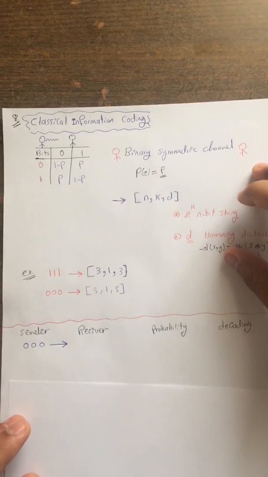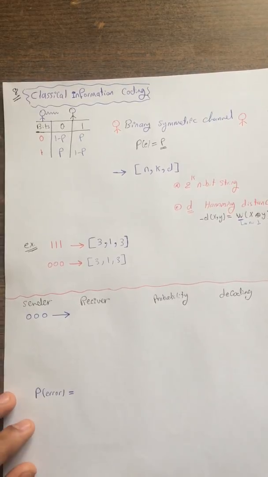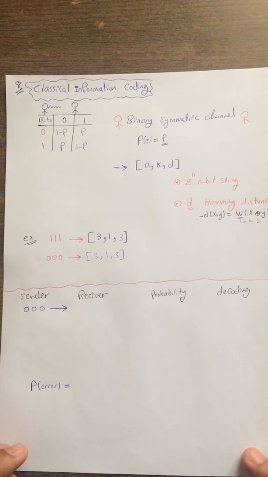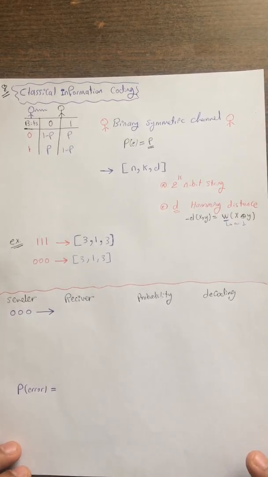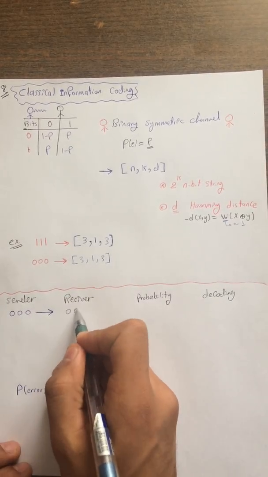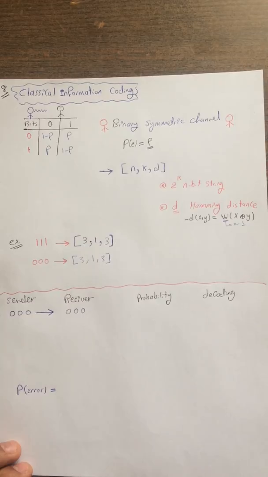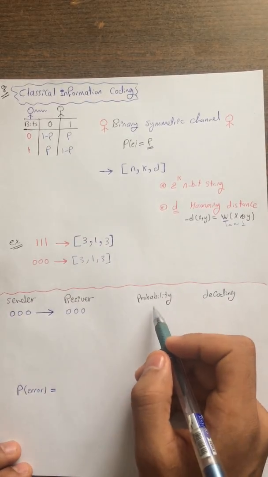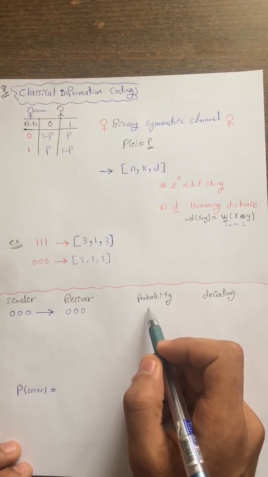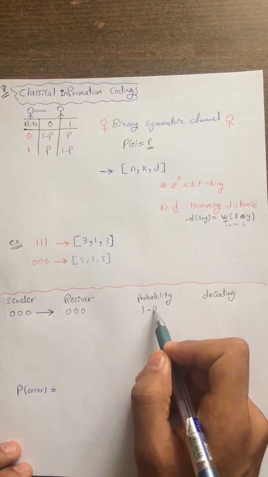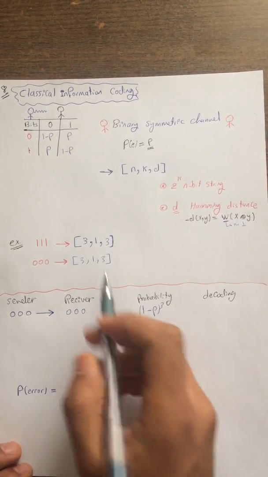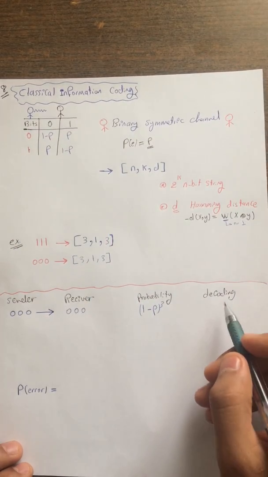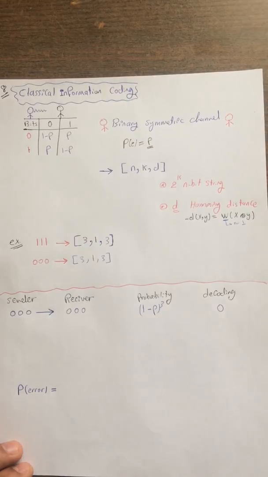Let's take an example of a real error procedure. If I send three zeros to a receiver and it receives the three zeros, this is the first case, with probability 1 minus P cubed, and it decodes 0.